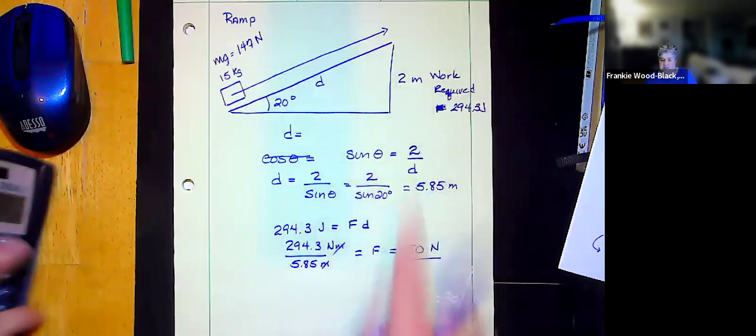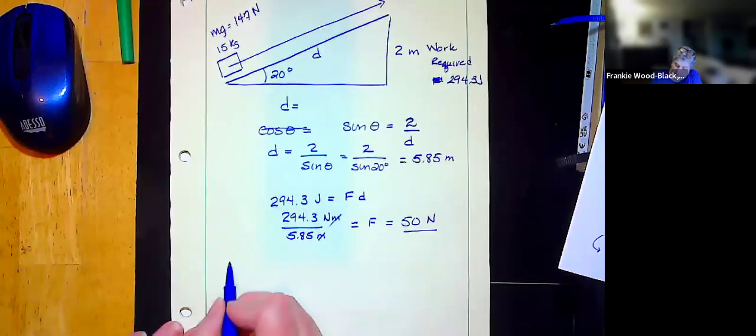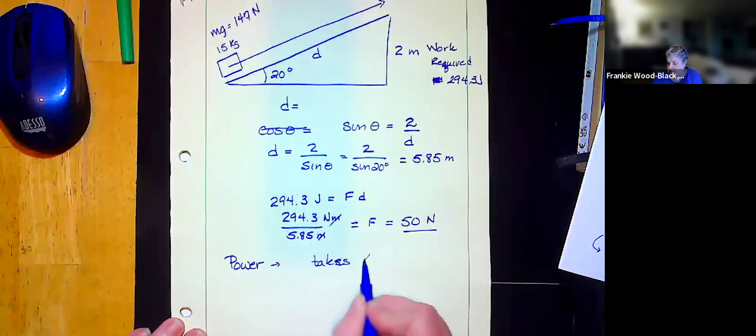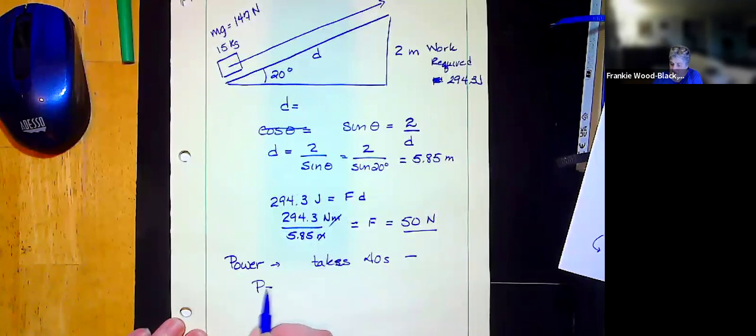So let's take this same problem and let's calculate the power. Let's say it takes us 40 seconds to do this. Power is going to be the work divided by the time. So the work that I did was 294.3 joules divided by 40 seconds.